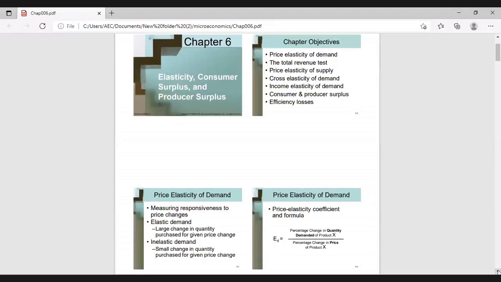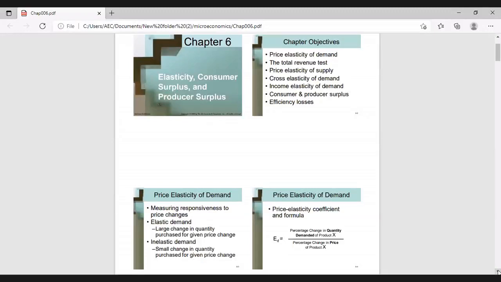Immediately their response is less, but later they realize and find substitute goods. Then they shift to substitute goods and reduce the purchase of the product whose price increased. So time also affects the elasticity of demand. Over time, the price elasticity is changing.